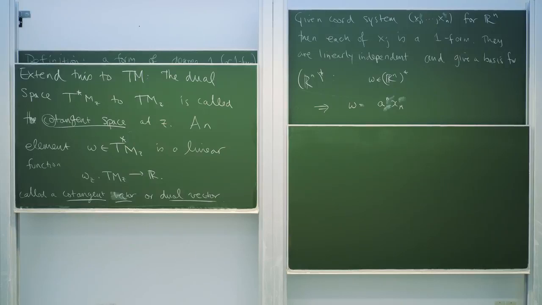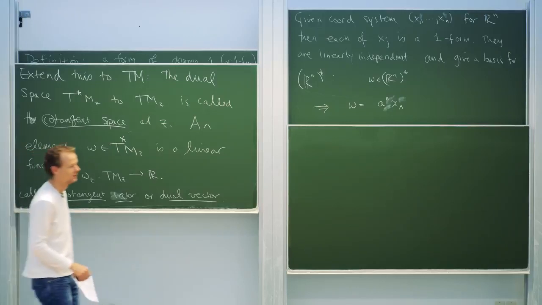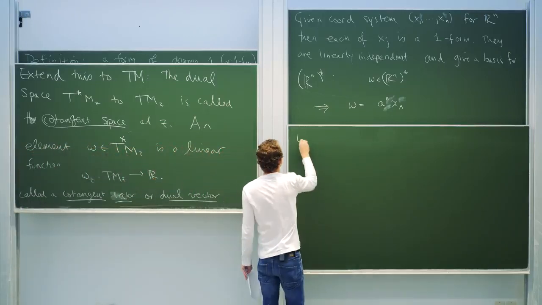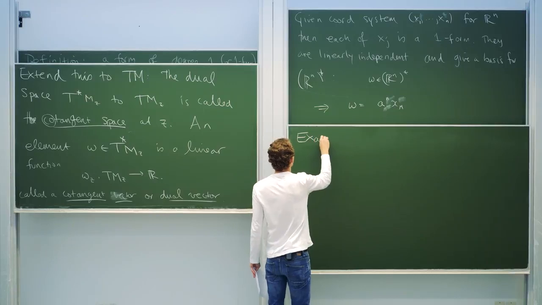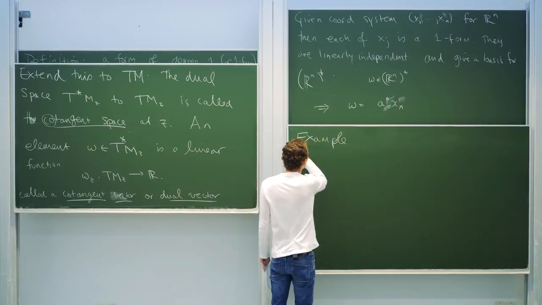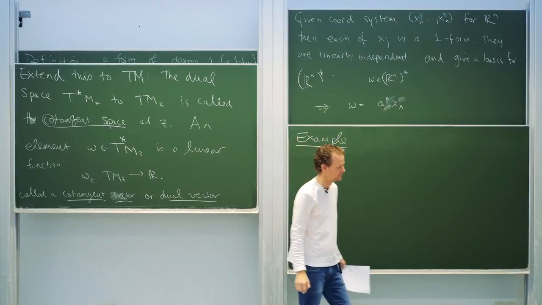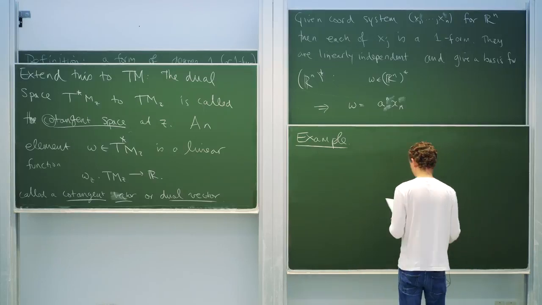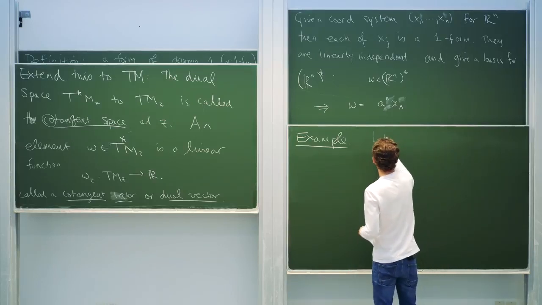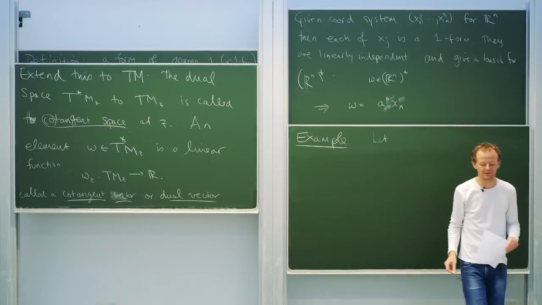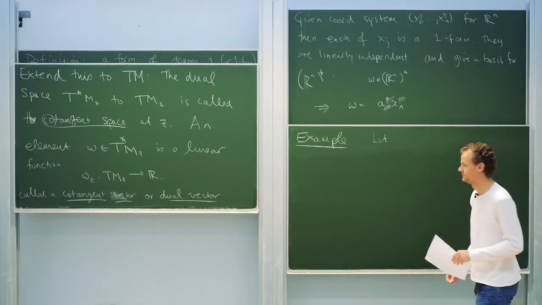Now, there's lots of interesting examples of cotangent vectors. I'm going to show you one right now, the most important example. This is the example that's so important it motivates the definition.